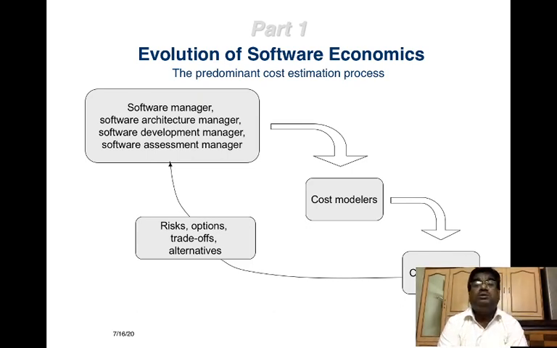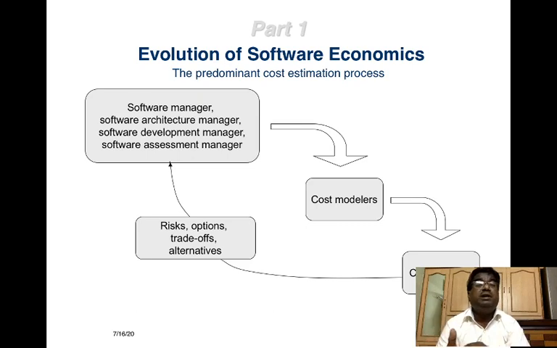Then cost models should be applied. There are so many methods. In software engineering also we learn COCOMO 1, COCOMO 2, etc. Any one of the cost models we should follow. Then the cost estimate. They will forecast some amount, some cost.